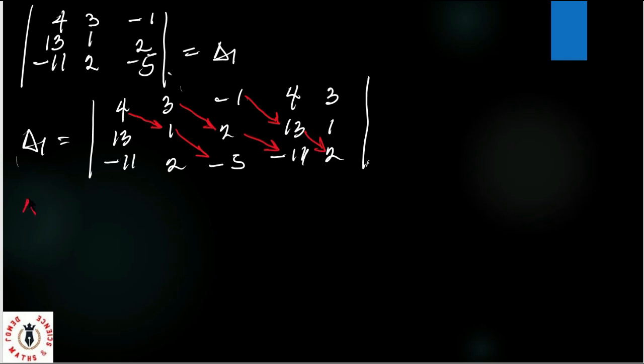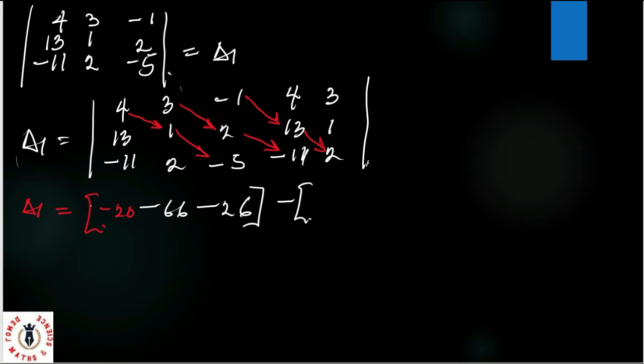So my delta 1 will come from 4 times 1 times minus 5, that's minus 20. 3 times 2 times minus 11, that's minus 66. And minus 1 times 13 times 2, that's minus 26. I can close this bracket.